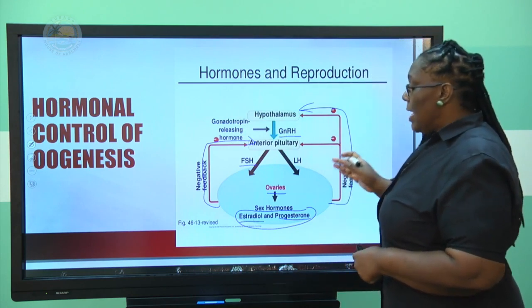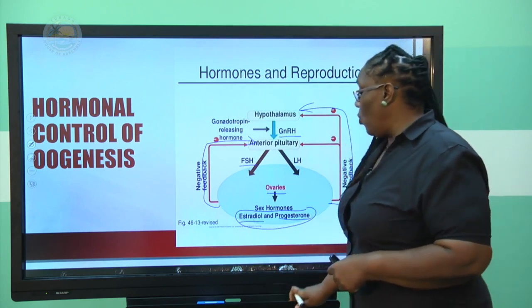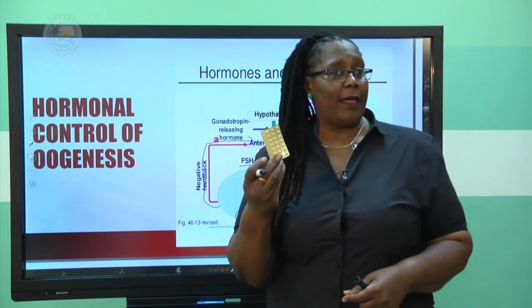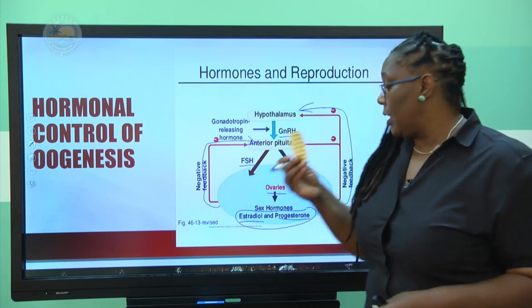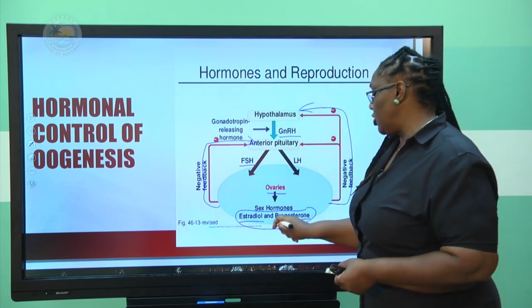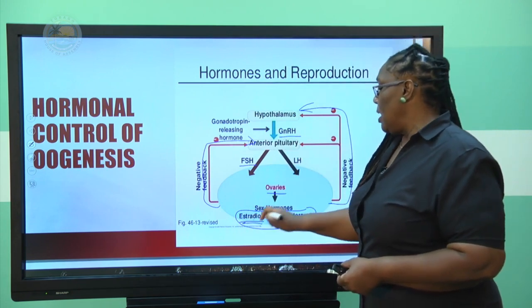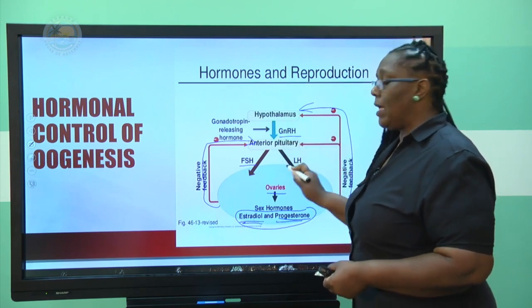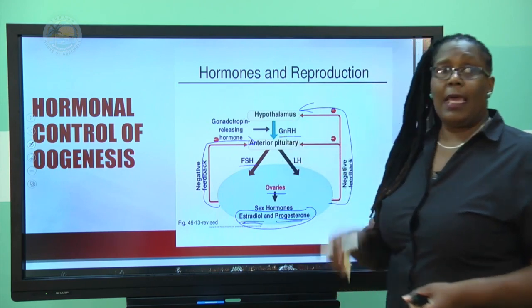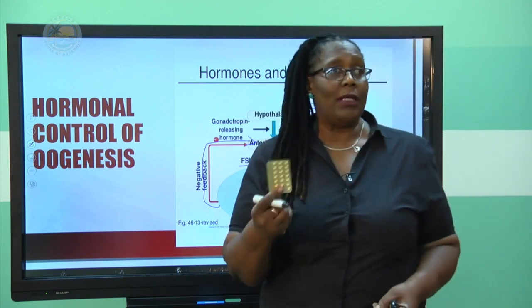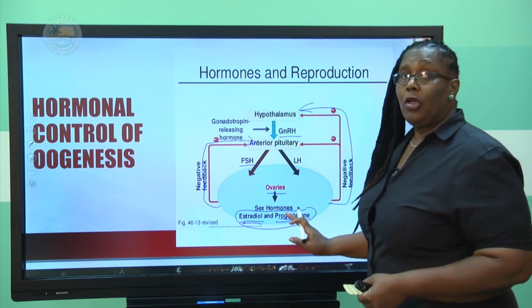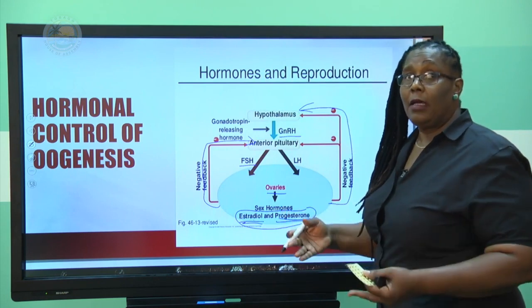And this is exactly what makes this effective, right? Because as you produce progesterone and estrogen, it is going to slow down these activities, and so you will not be able to produce a secondary oocyte. So once a woman is taking these pills, she will not be able to have another baby form.